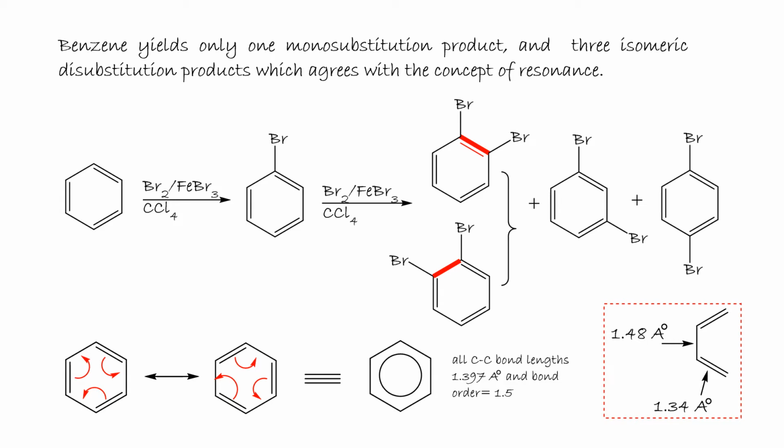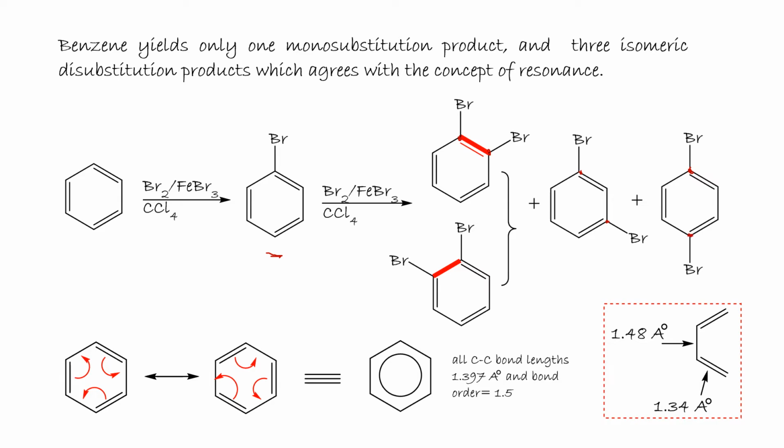When we brominate the monobromo product further, we get 3 different isomeric dibromo products: 1,2, 1,3 dibromo, and 1,4 dibromo.